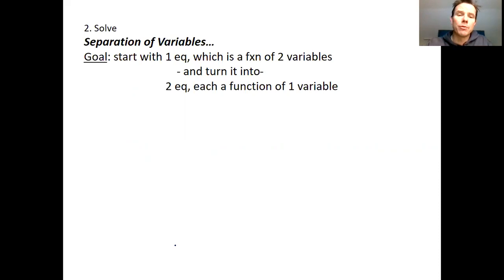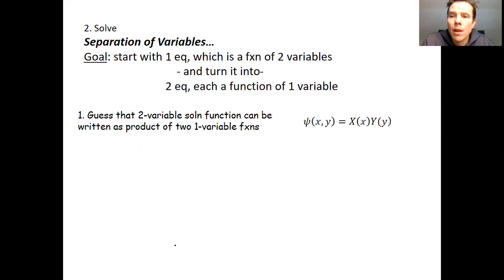And I'll walk you through this. The first step when you use a separation of variables technique is to guess a solution. And specifically, you're going to guess that the solution function, in our case, the wave function, can be written as a product of two one-variable functions.